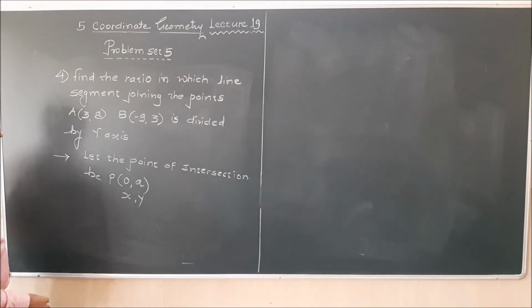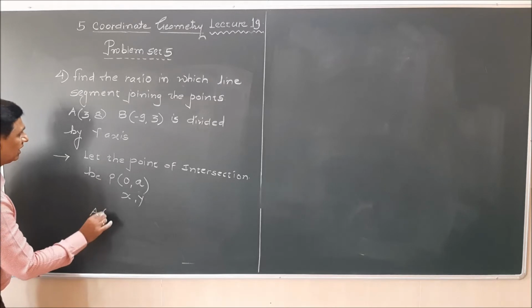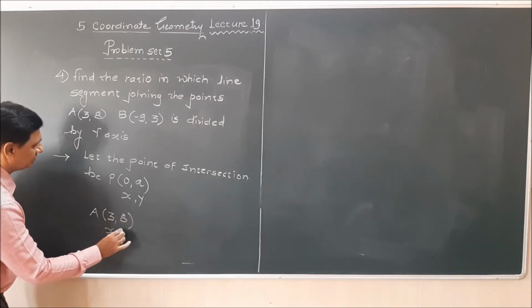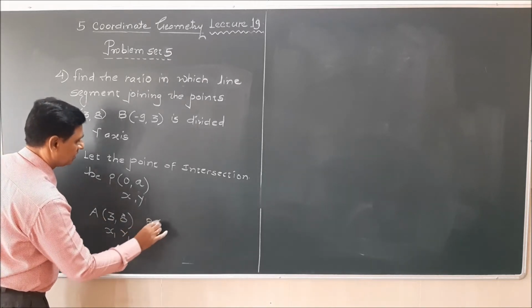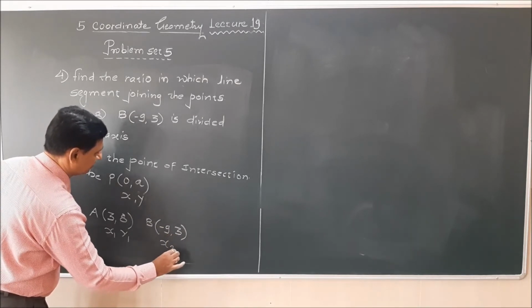Now we will use the section formula. First of all, I will label A(3, 8) as x1, y1, and B(-9, 3) as x2, y2.